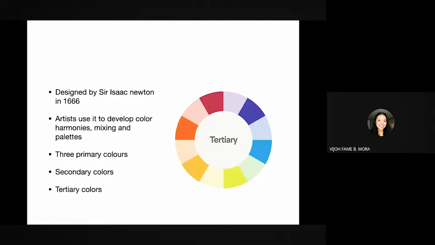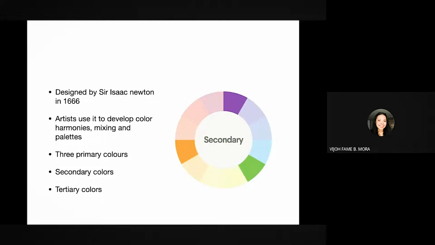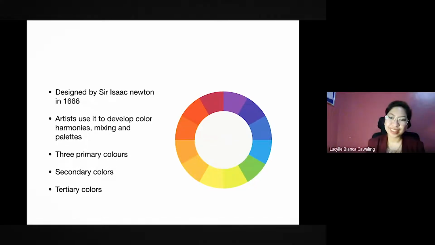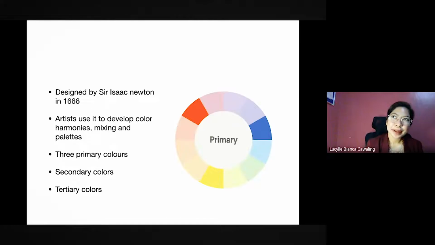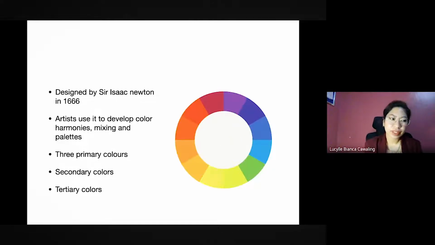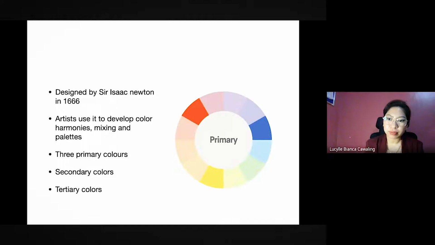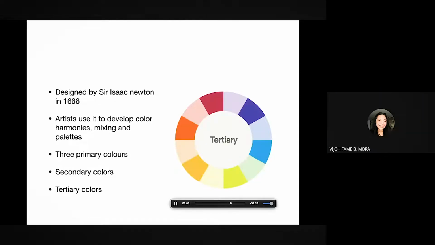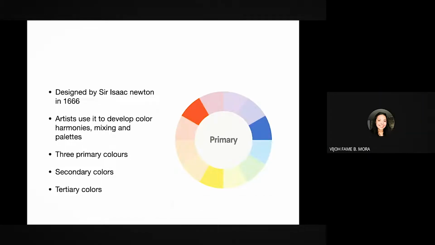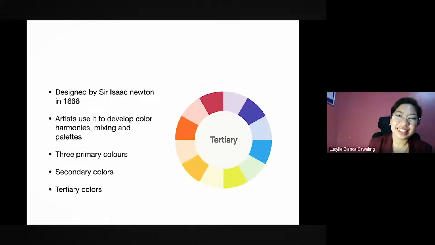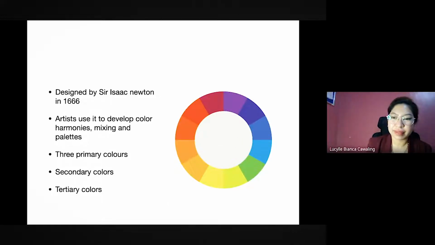There are 6 tertiary colors po: red-orange, yellow-orange, blue-violet, blue-green, yellow-green, and red-violet. Very good. Green, you forgot the green. Blue-green po. Pati po yellow-green.